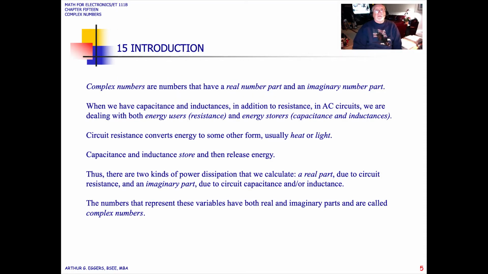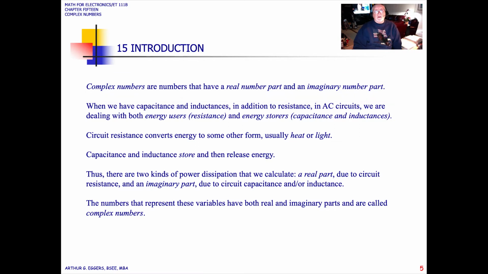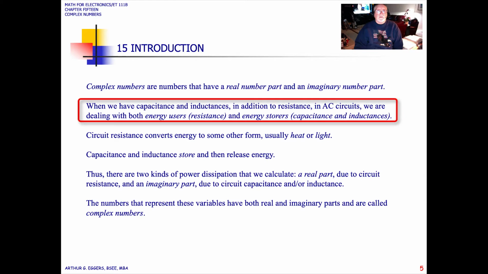So complex numbers are numbers that have a real part and an imaginary part or component. We're going to see how they build on the graphs and plot their values. When we have capacitance and inductance, in addition to resistance in AC circuits, we're dealing with two types of components that are vying for the energy.